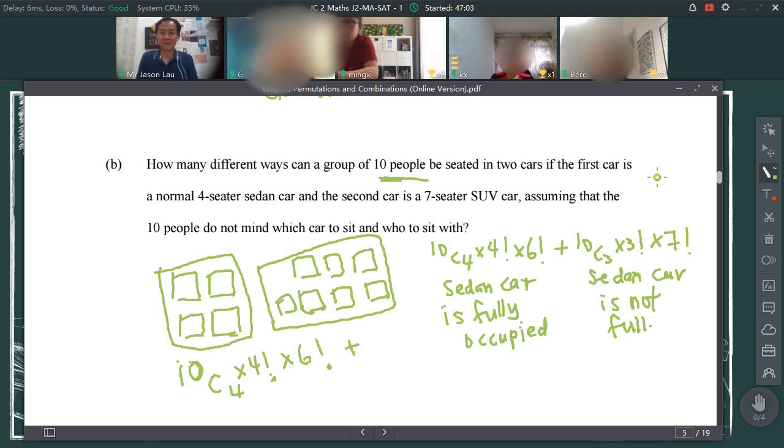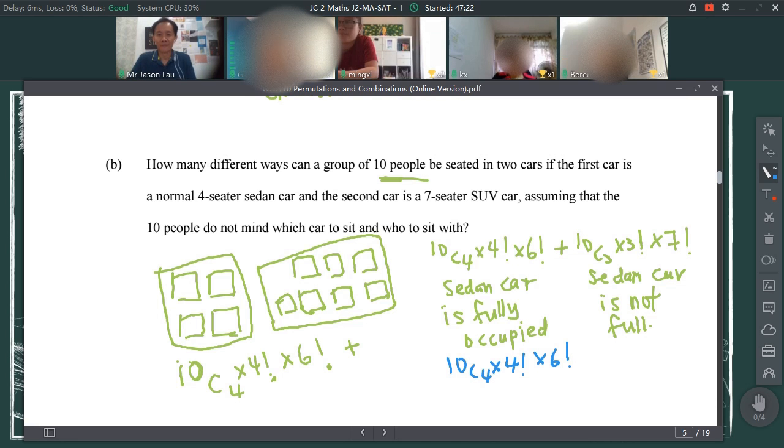I just did it by 10 choose 4 times 4 factorial times 6 factorial. I didn't factor in the second case.